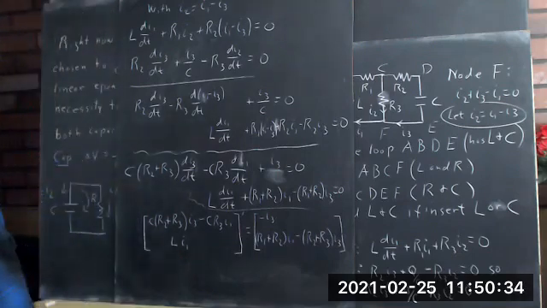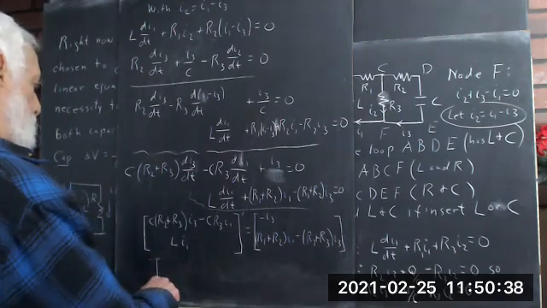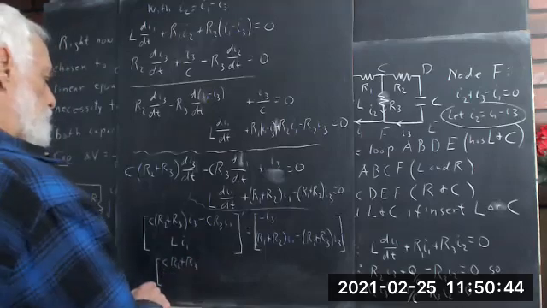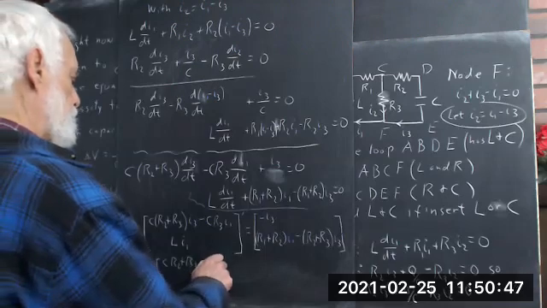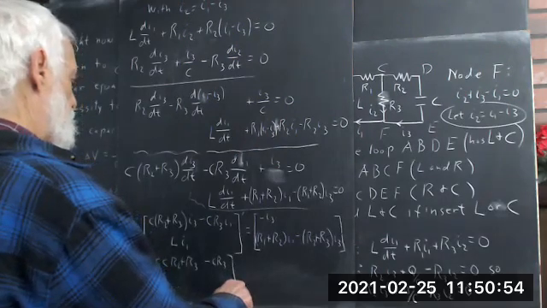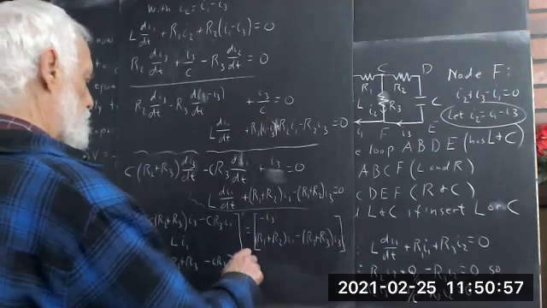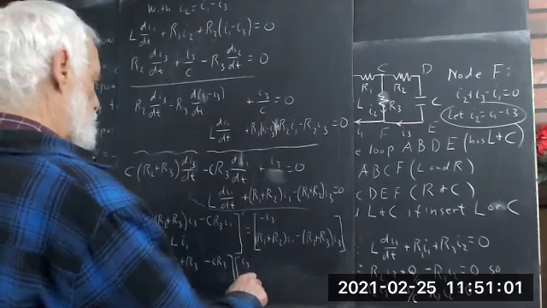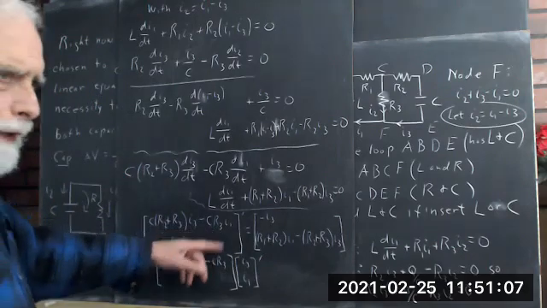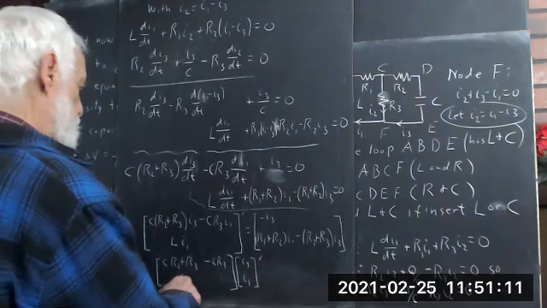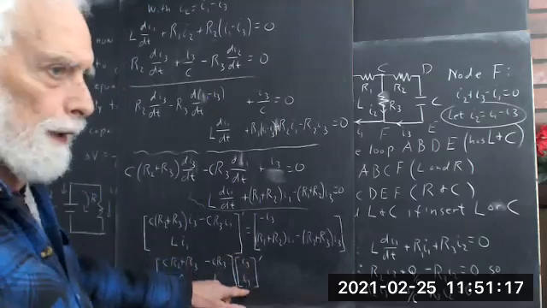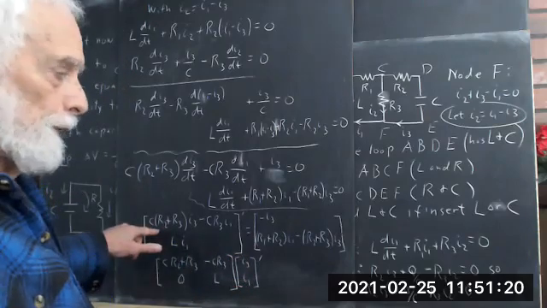I do kind of want to go one more step. So we have then, factoring these constants out, this matrix times this derivative of the I3, I1 vector represents this.